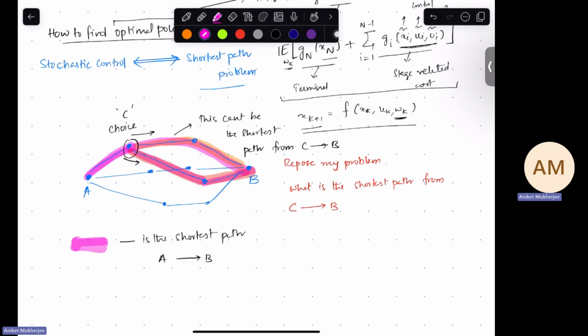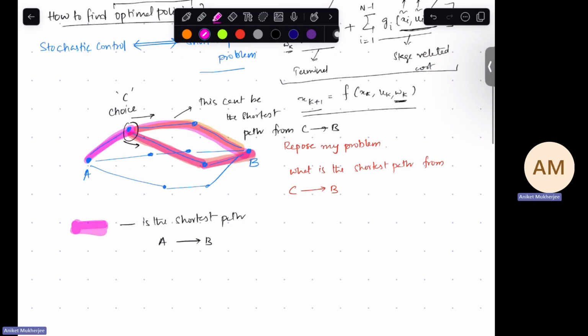But that is a contradiction. So if you know the optimal solution of the whole problem, then the sub-problem's optimal solution would be a sub-part of that strategy. Right? This is an observation.